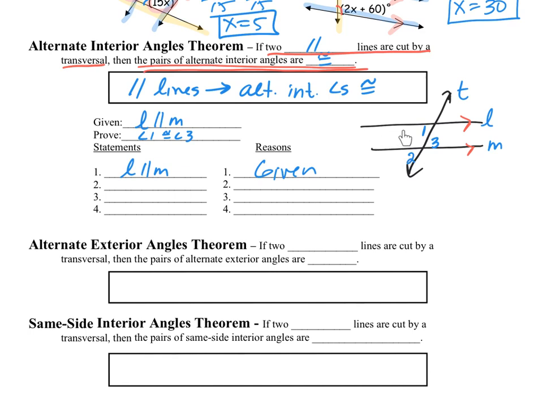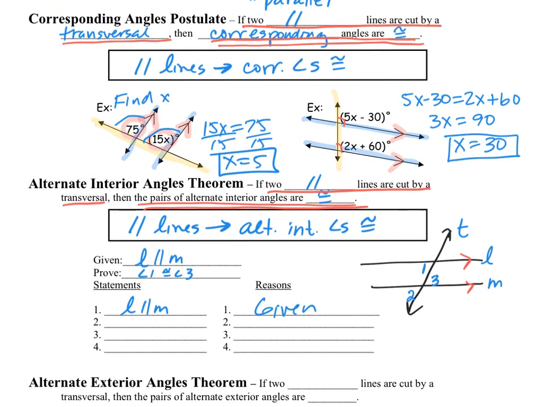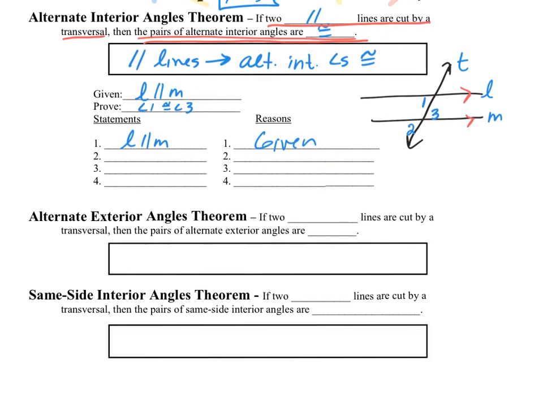Now, we have 2 parallel lines cut by a transversal. At this point, what do we know? There's only one thing we know about parallel lines being cut by a transversal, and that is this postulate, which says when parallel lines are cut by a transversal, corresponding angles are congruent. If you look at our diagram, we've numbered angles 1 and 2.